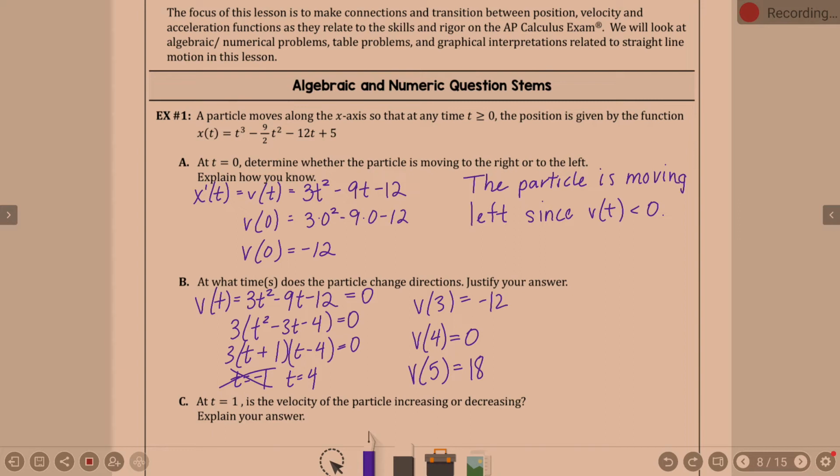So, at t equals 4, the particle changes direction from left to right.